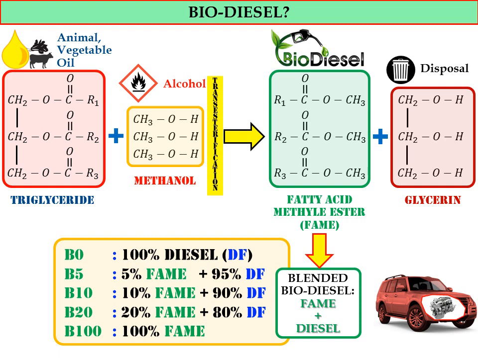B20 is 20% biodiesel FAME plus 80% diesel fuel, and B100 refers to pure biodiesel fuel or pure FAME without any typical diesel fuel. In our discussion of blended biodiesel, we will use these abbreviations to refer to the specific mixture of biodiesel fuel and typical diesel fuel.